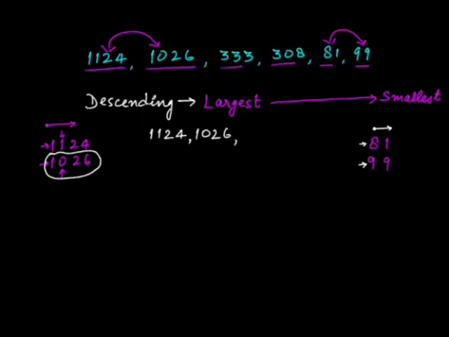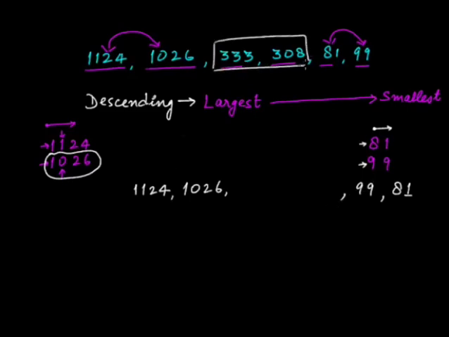Let me write it here. 1124, 1026. So we got from here 81 is the smallest number, and then would be 99. We are left with these two numbers. Since we are writing in descending order, that is first the largest, then the number smaller than this, and so on, until we get the smallest number, we are left with these two numbers.